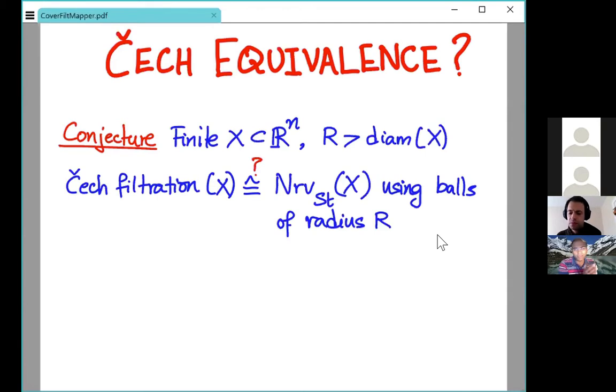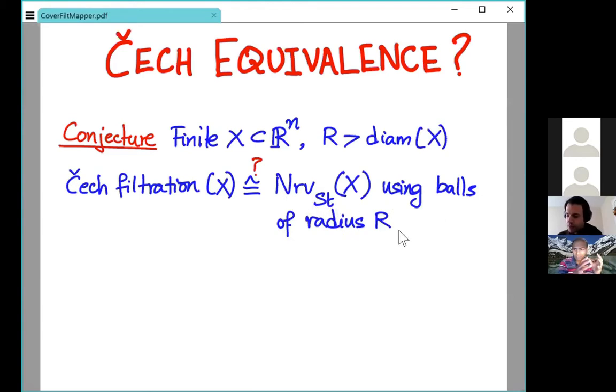We have a conjecture and a proof in 1D. Our conjecture is that given a finite set X in R^n and some radius parameter, which is larger than the diameter of the set, the Cech filtration on X, where you put R balls centered at each point and take the nerve, is isomorphic to the Steinhaus nerve using those balls.